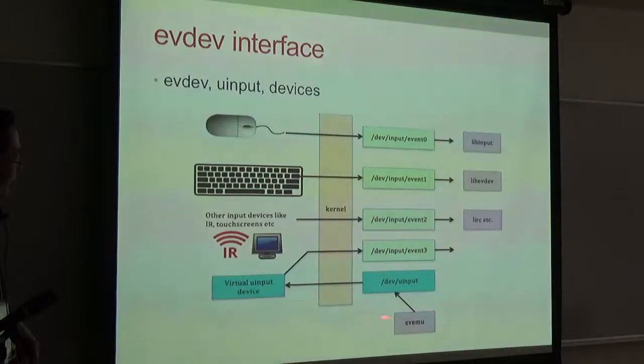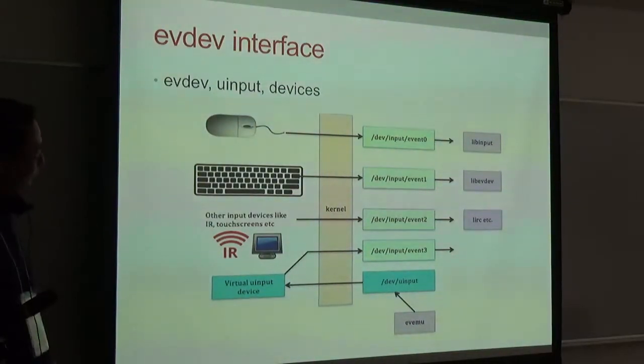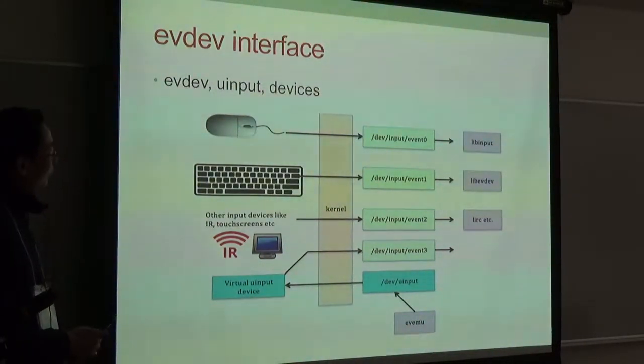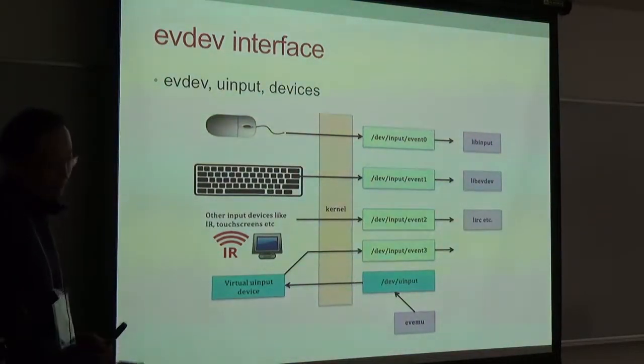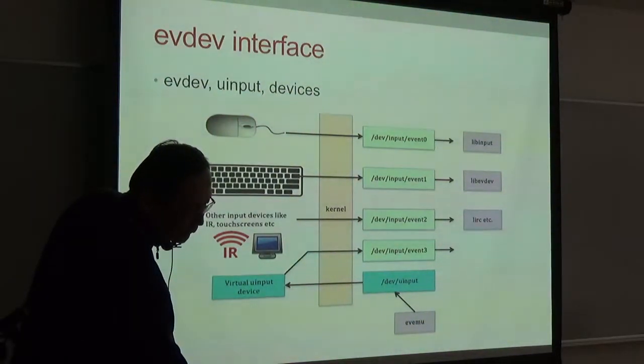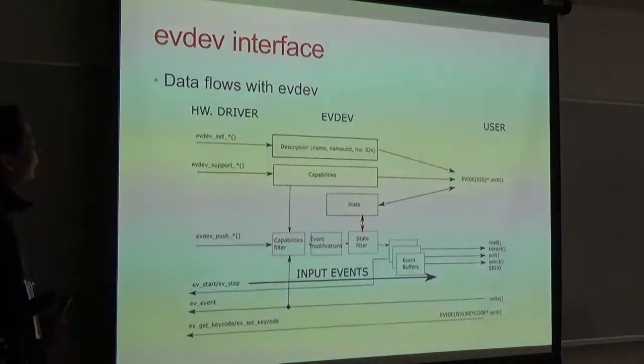Tools first interact with uinput, and then this creates a virtual uinput device and represents this event node. On the user space side, there are libinput, libevdev, LIRC, etc. So this is just a basic picture of evdev input, uinput, and devices.